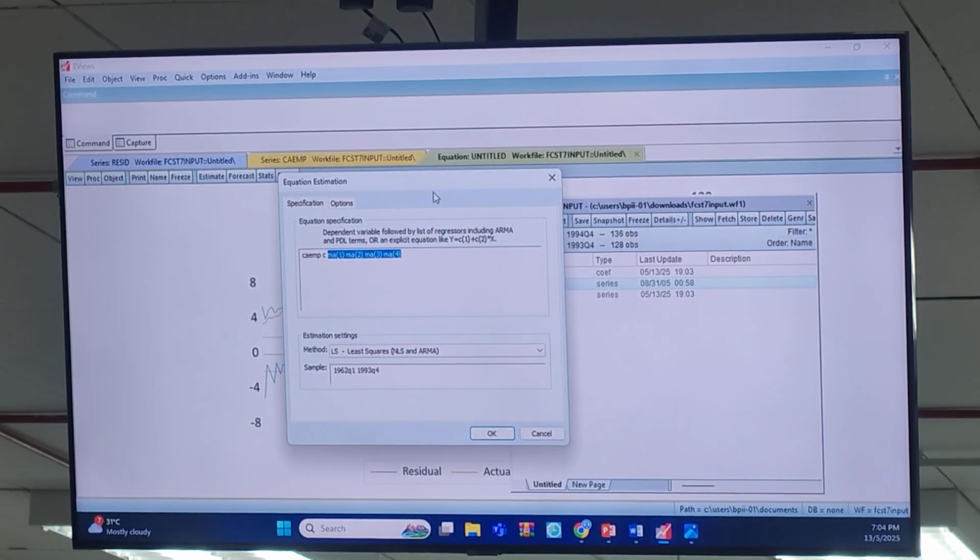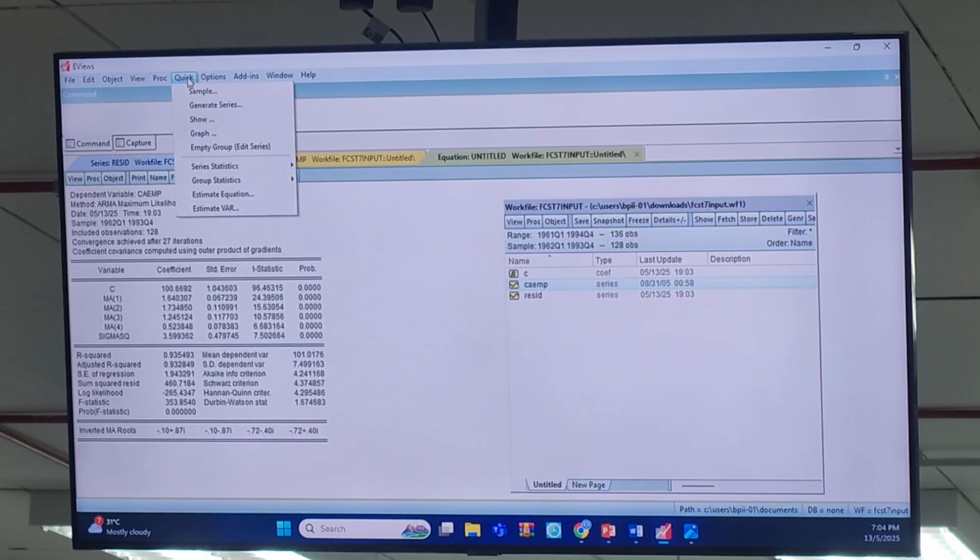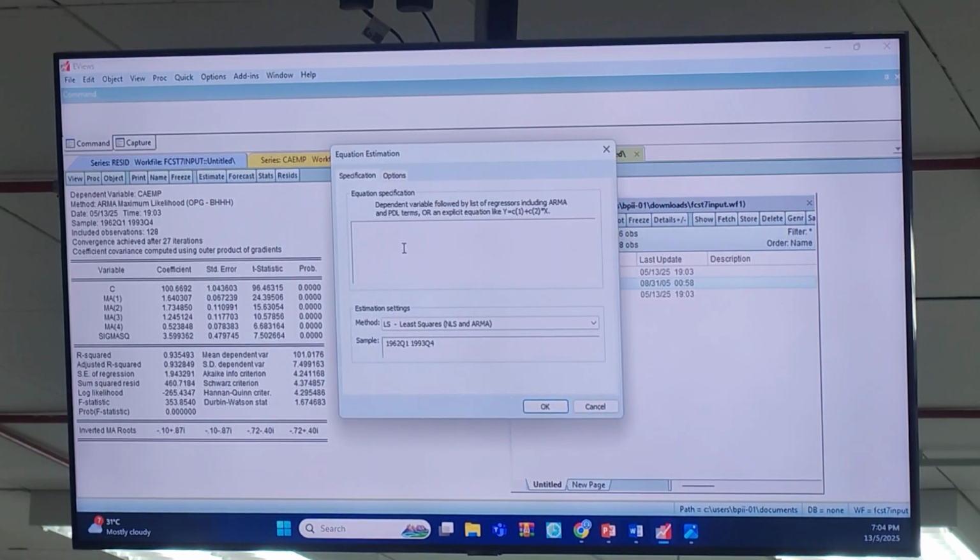You go to Quick, Estimate Equation, and specify the model: EMP C AR(1).